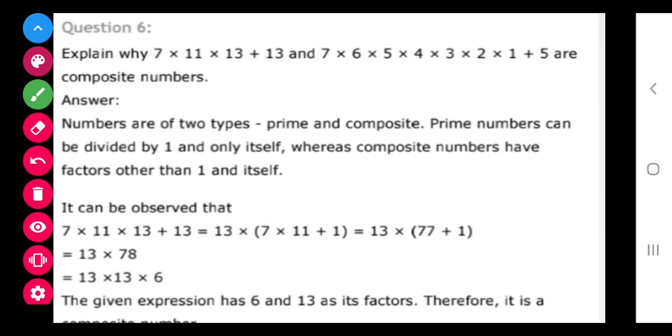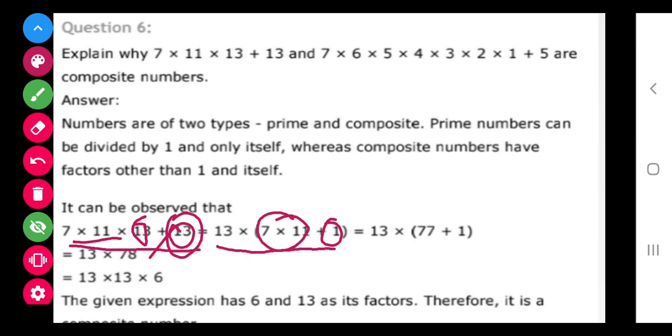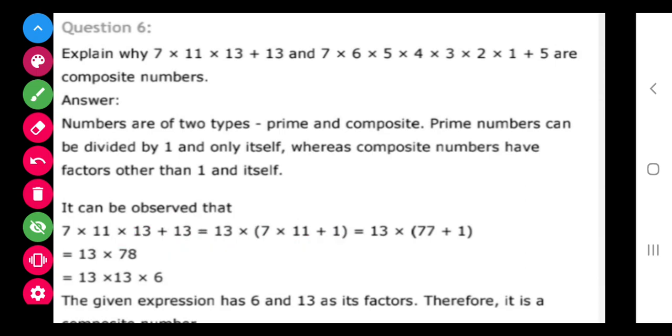So class, you see here, in this, first of all they have taken 13 as common from here and from here. What is left? This part, is this, and in place of this 1 is left. 13 into 78.